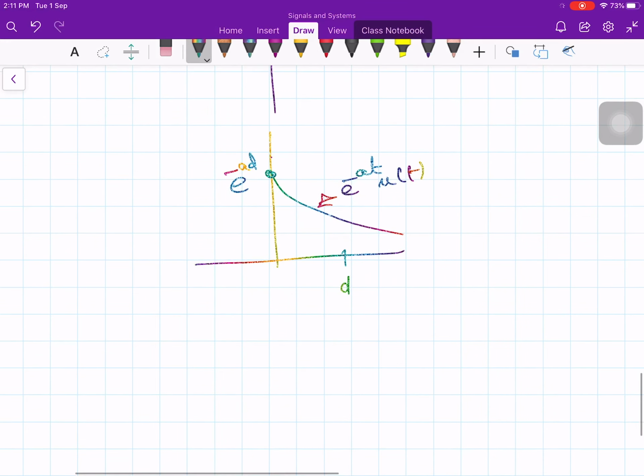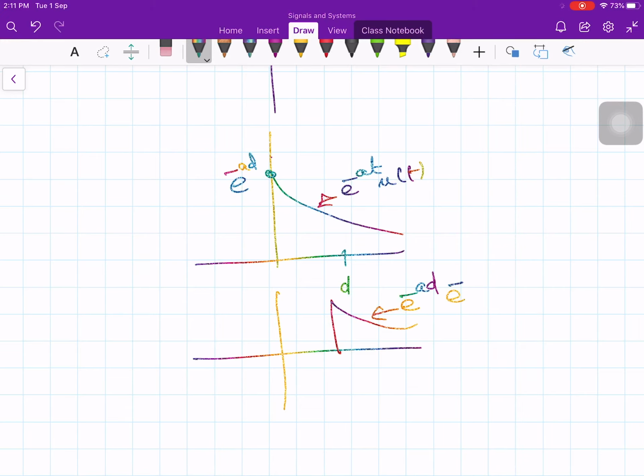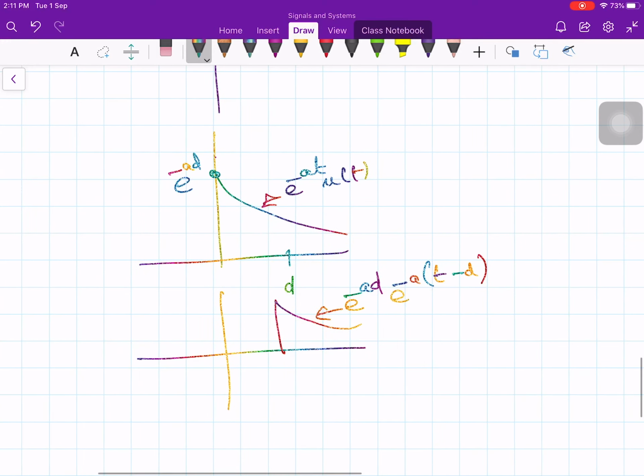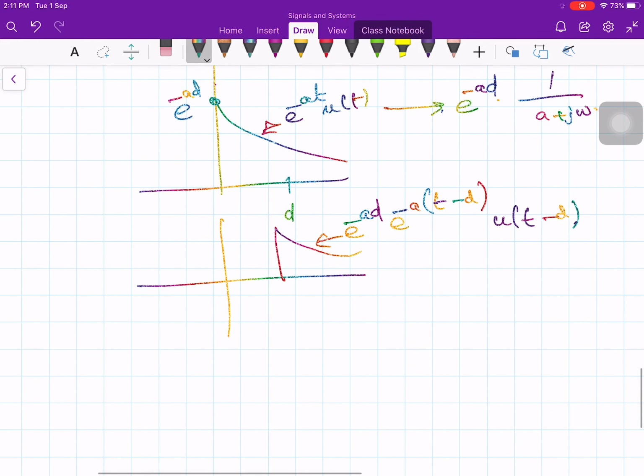So like this. This one is e to the minus ad, then e to the minus a times t minus d, times u of t minus d. That's it. Now what is the Fourier transform of this? e to the minus ad times the Fourier transform, which is 1 by a plus j omega. Now one more thing, before that let me do one thing. In fact I don't want this one, I need the inverse of this. So like this.